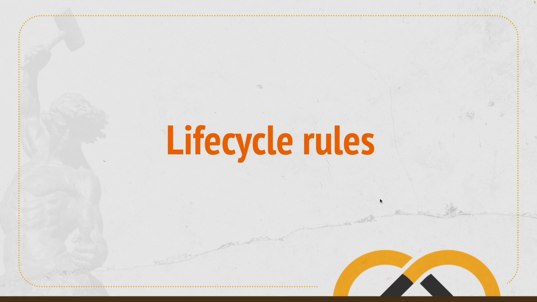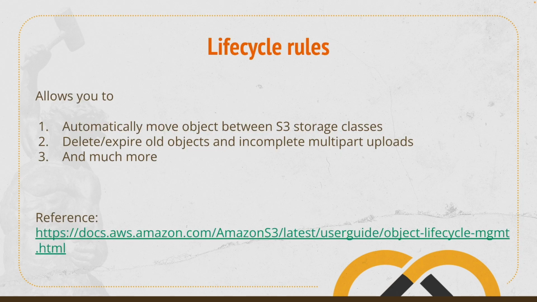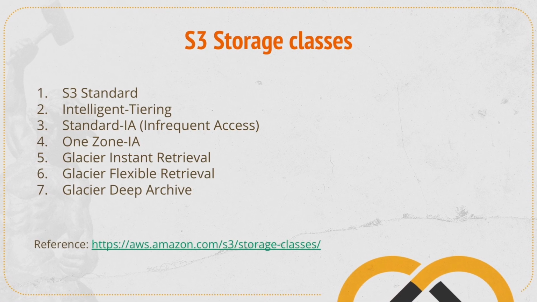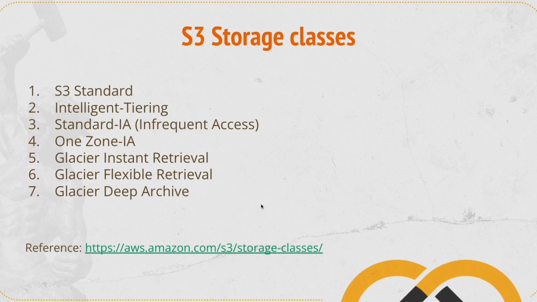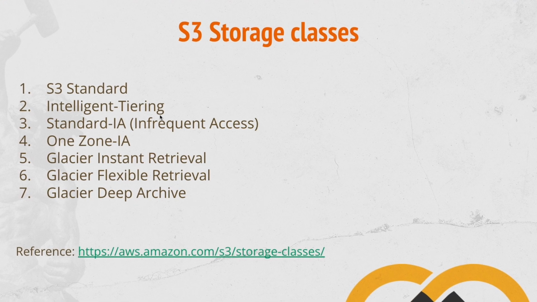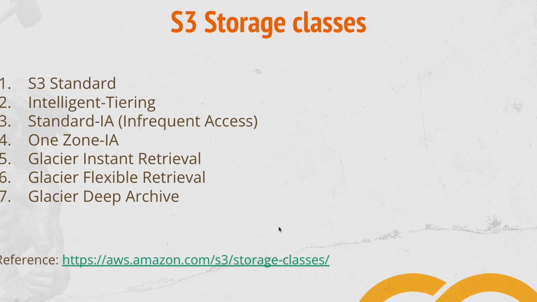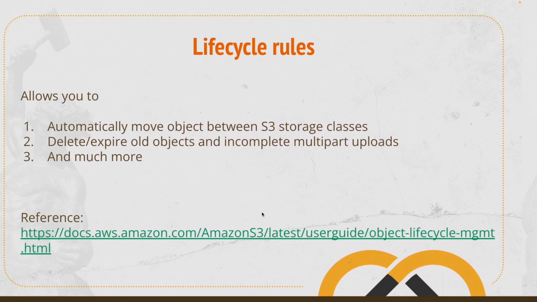Okay, great. So what are lifecycle rules? Lifecycle rules allow you to automatically move objects between S3 storage classes. And these are the major S3 storage classes right now. I'm going to attach a link in the description so you can read more about them and what the major use cases for each one of them are.